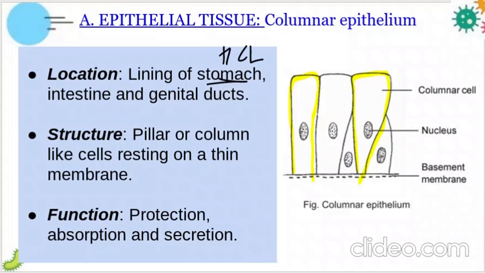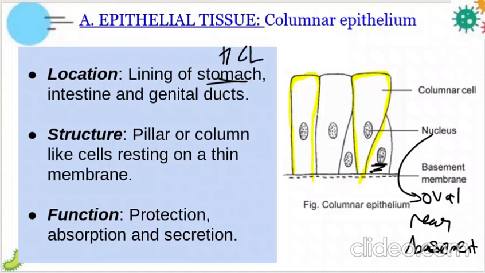Now, the nucleus is oval in shape. It's not spherical. It's oval, and it is near the basement membrane. Can you see here? It's near the basement membrane, right?